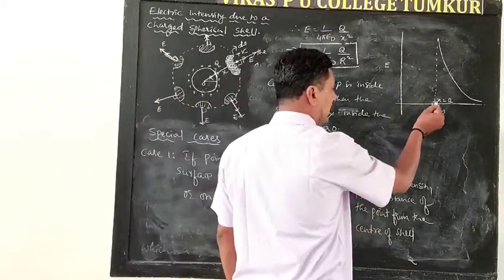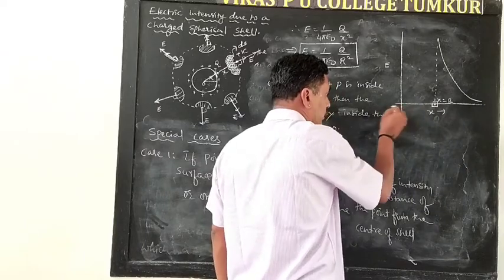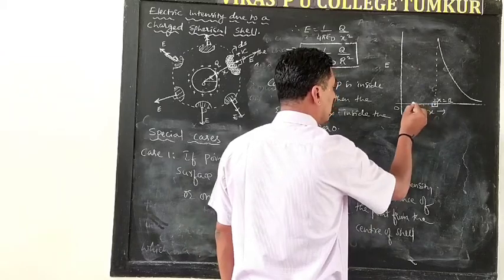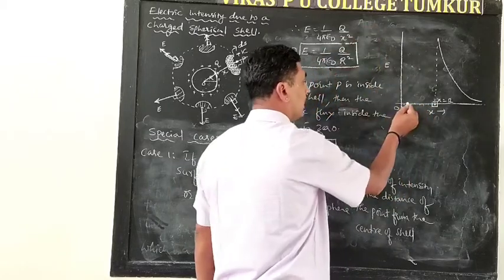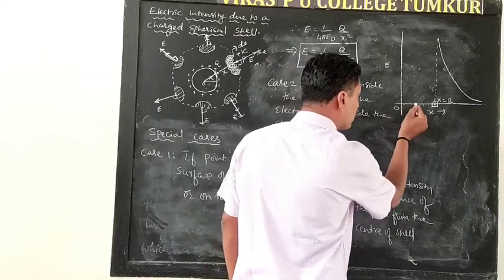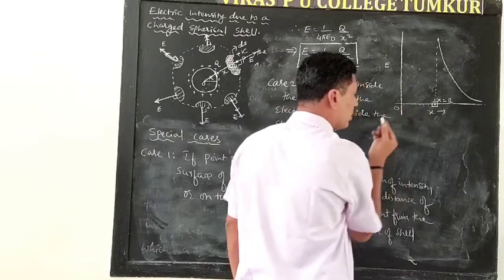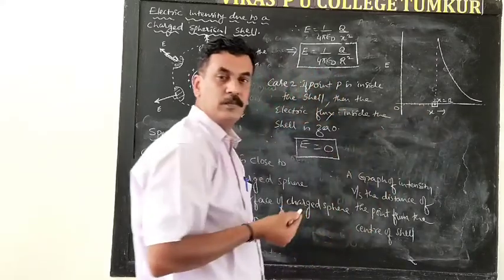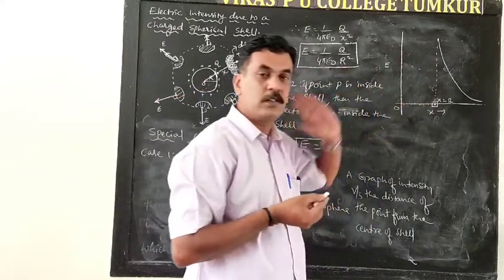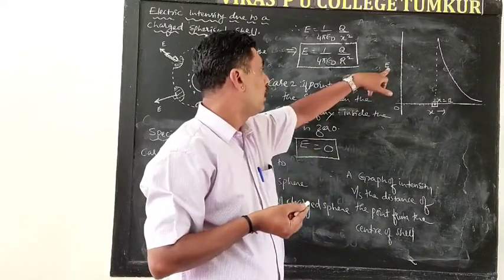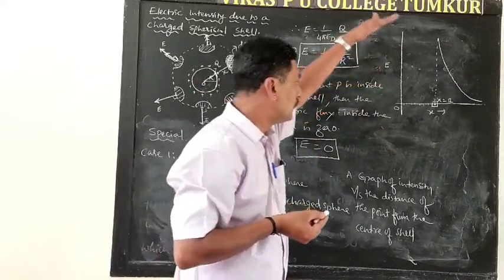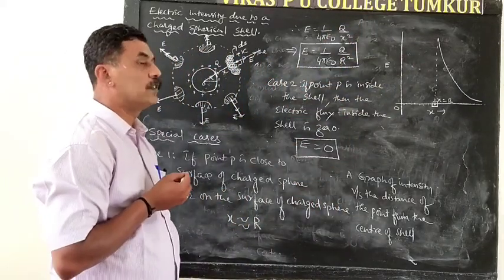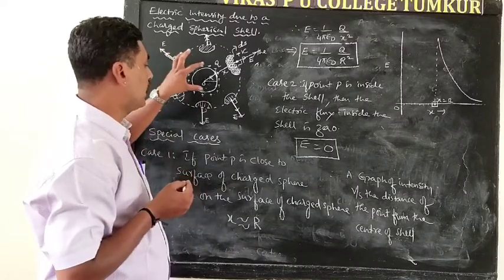If x decreases further, the intensity is zero. At these points E is 0. So this is the graph showing the variation of electric intensity due to a charged spherical shell.